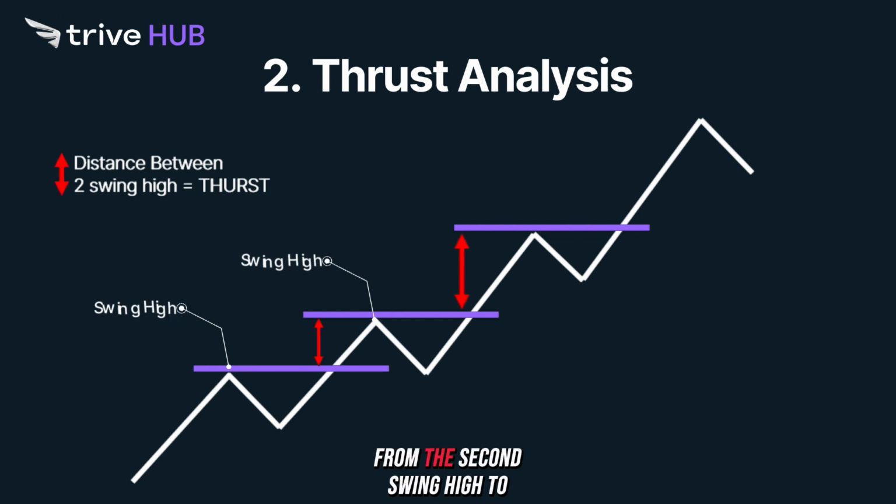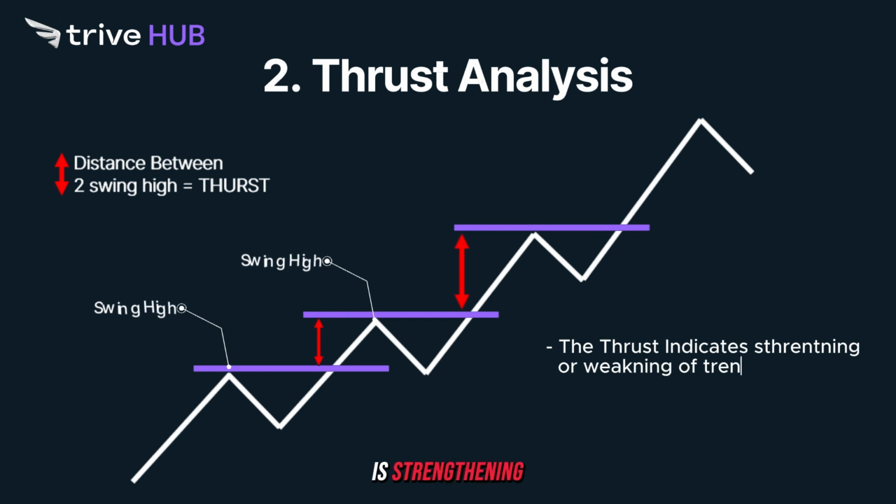From the second swing high to the third swing high, the market has moved a little bit more up in comparison to the previous one, because the previous red line is smaller than the current one. So we can say that this uptrend is increasing its strength. The thrust indicates whether the trend is strengthening or weakening.